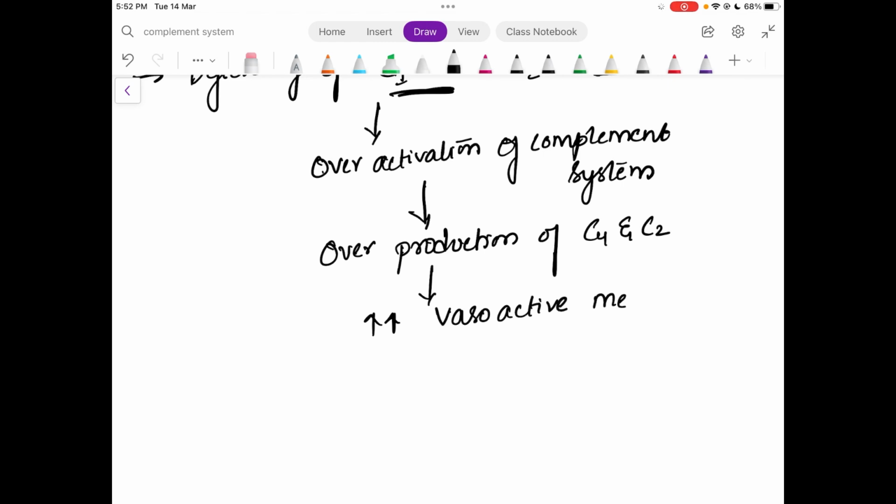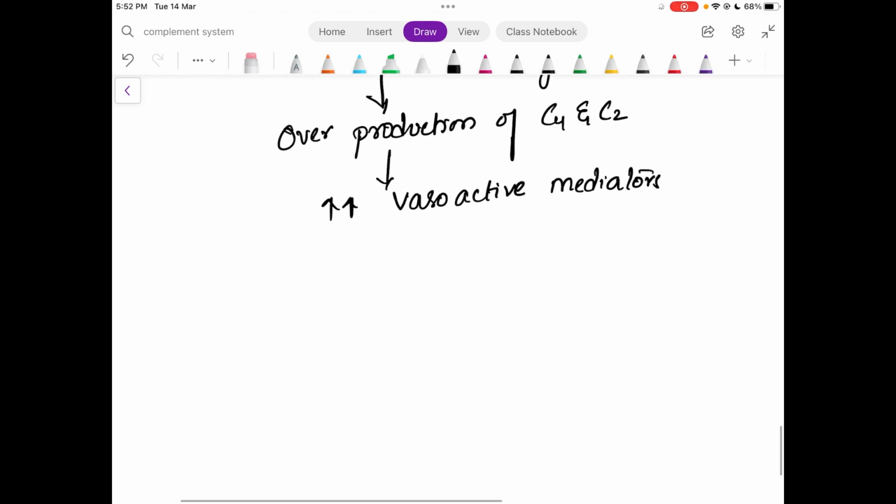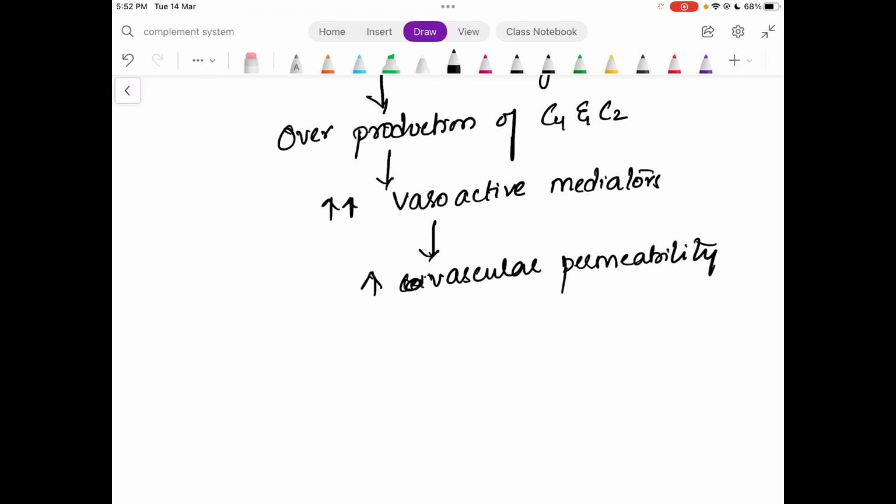mediators. If these vasoactive mediators are increased, then they will increase vascular permeability, and causes angioedema.